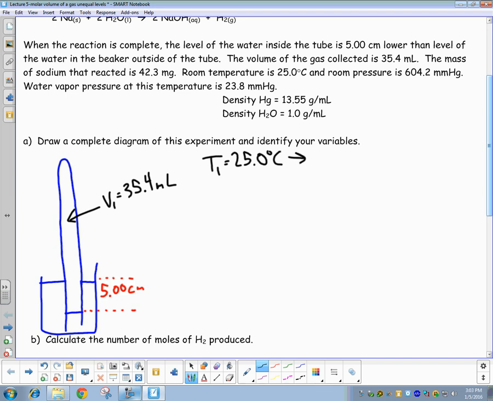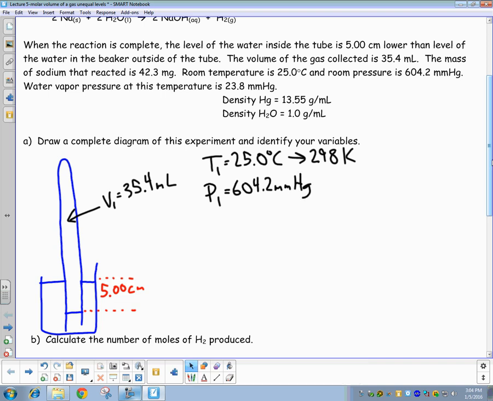That we will immediately convert into Kelvin, and we have 298 Kelvin as our initial temperature or our room temperature. Then lastly, we have our P1, which is our initial pressure or our room pressure, and that value is 604.2 millimeters of mercury. That is the room pressure.